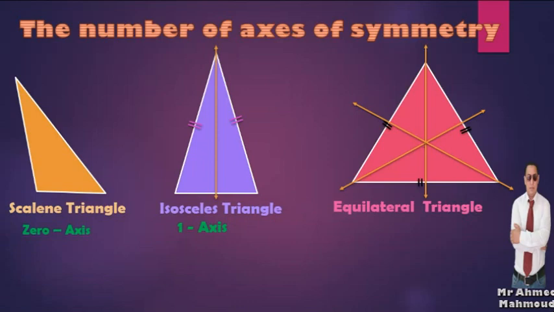Now in this triangle we have 3 axes of symmetry, and at the same time they are the medians of this triangle, and at the same time they are the bisectors of the angles, and at the same time they are the heights. Okay, now the number of axes of symmetry of the equilateral triangle is 3.